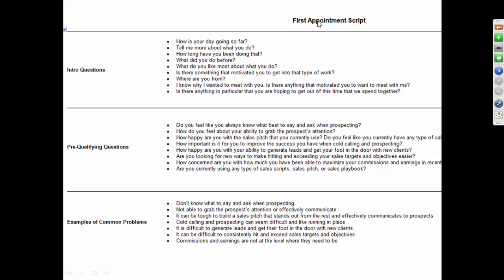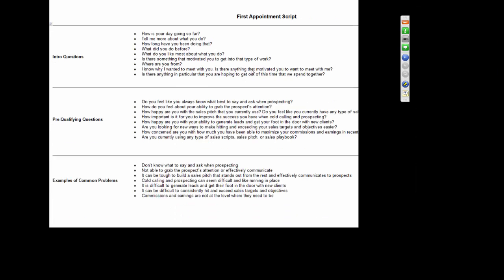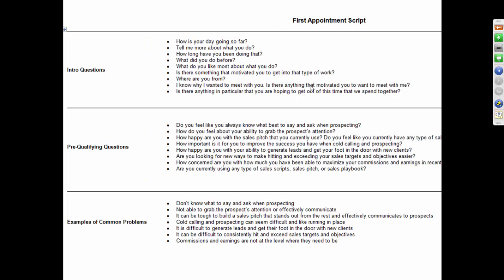Here's a first appointment script, and the thing is a lot of salespeople, when they think of scripts, they think of inside sales or telemarketing or cold calling. The reality is I know firsthand that I used to work with companies where we would do telemarketing for their outside salespeople, and we would tee them up with meetings, and our phone salespeople would have good questions and schedule a lot of meetings, and then the outside salespeople would just improvise.